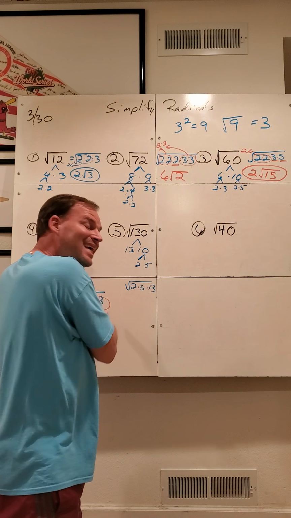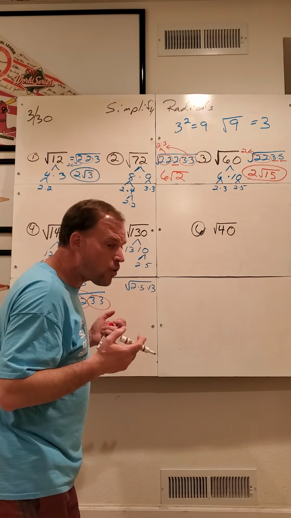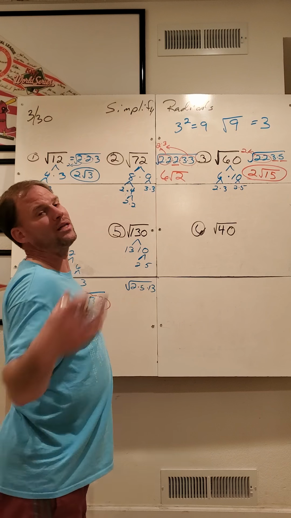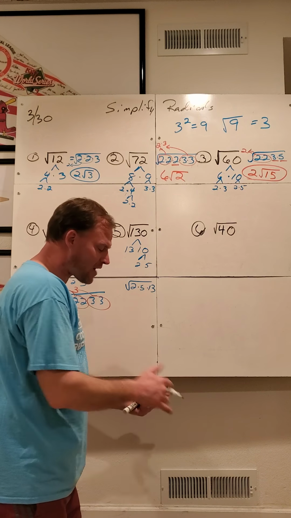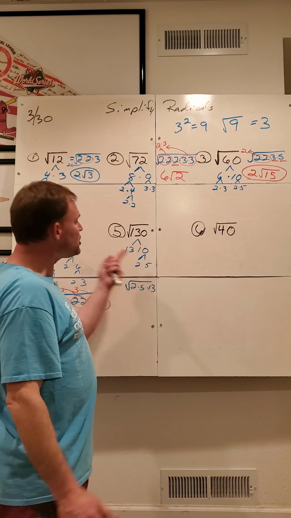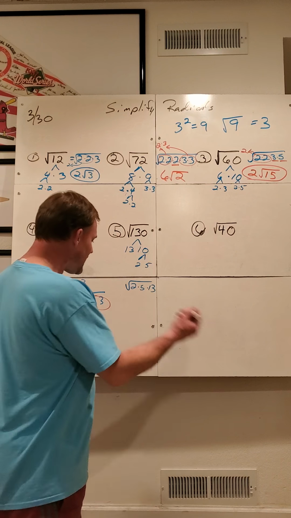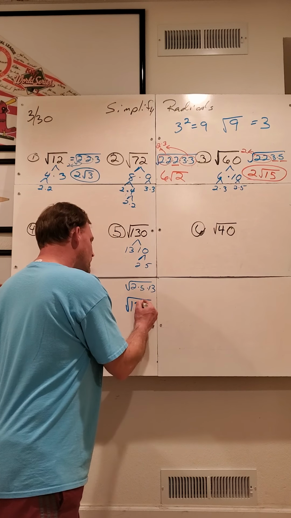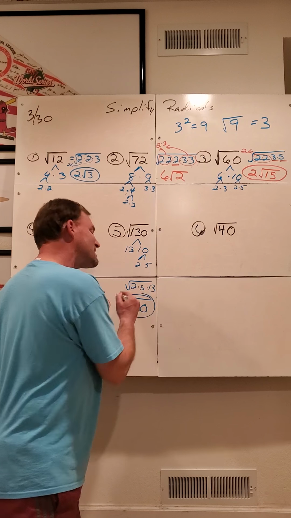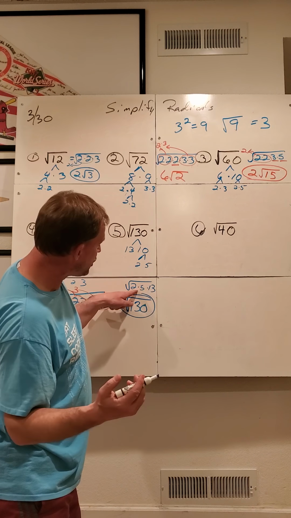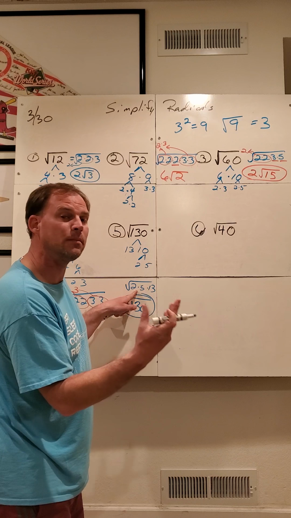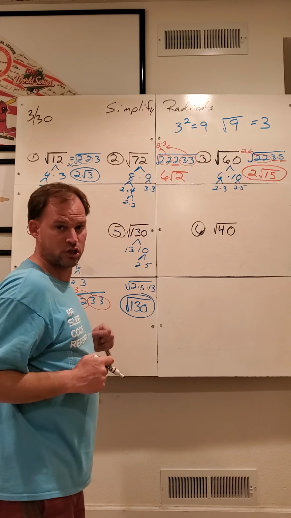So, is anything giving out? No, it is not. So what's left on the inside? I got a 2, I got a 5, a 13. What's 2 times 5 times 13? You just did 2 times 5 times 13. This is the square root of 130. It does not simplify. No pairs, no partners, no simplifying, no change.